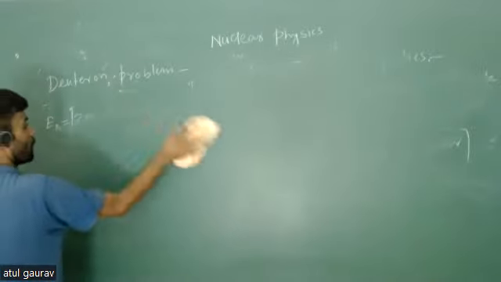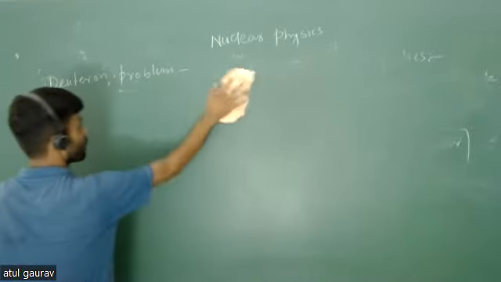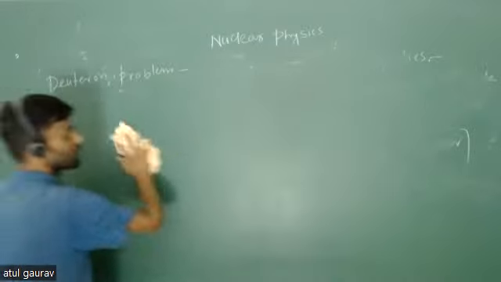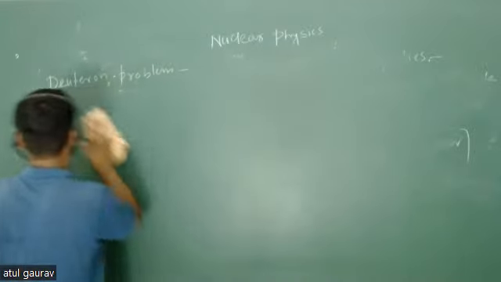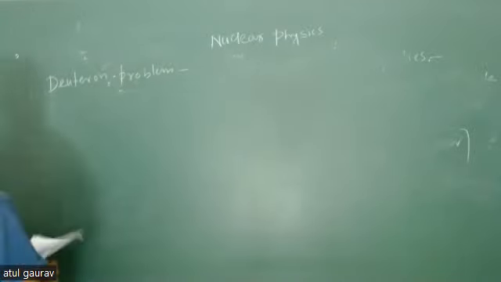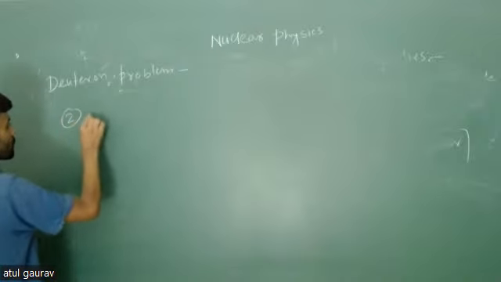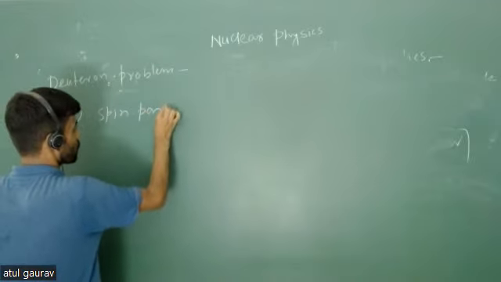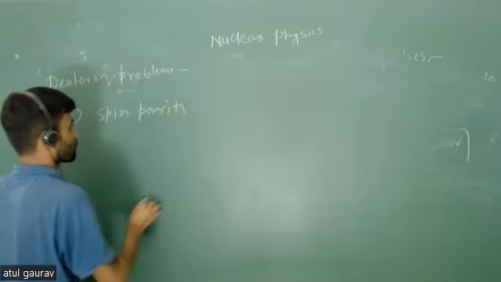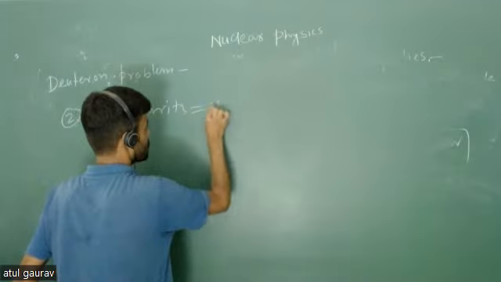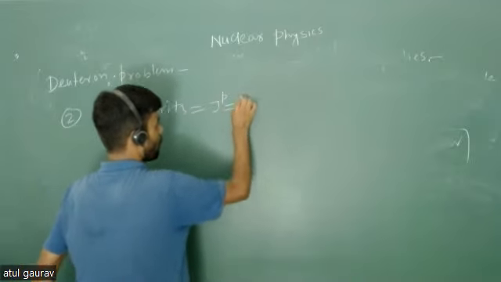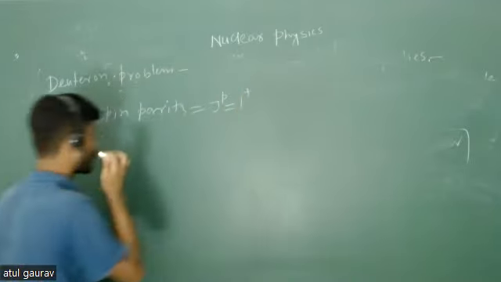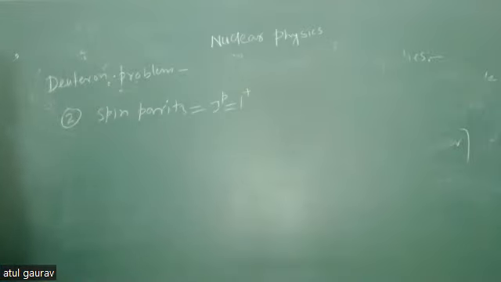Okay, now what is the spin parity? So the second property, what is it? Spin parity. Property number 2, spin parity. So this is J^P. Can you calculate spin parity?